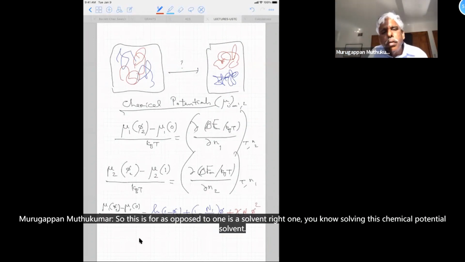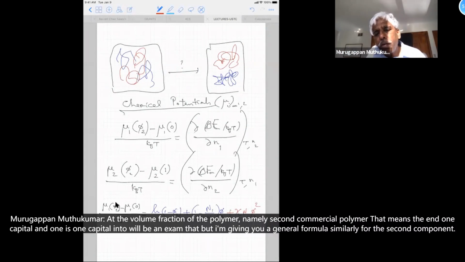So suppose 1 denotes solvent. This is the chemical potential of the solvent at the volume fraction of the polymer, namely second component polymer. That means capital N1 is 1, capital N2 will be N, for example. But I'm giving you a general formula.